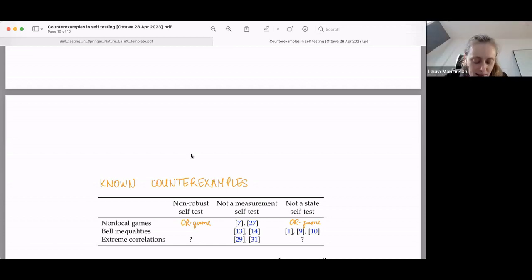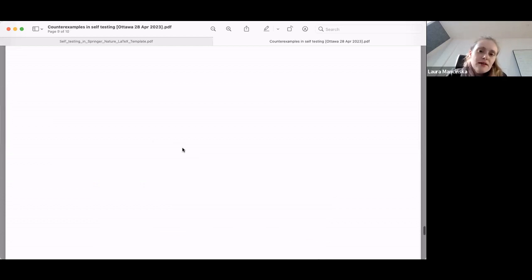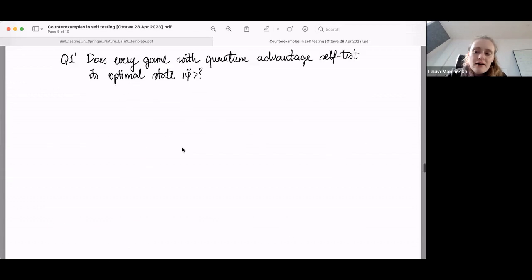I think the way people initially motivated it is this: you could say someone gives you a box and says this box prepares this quantum state.